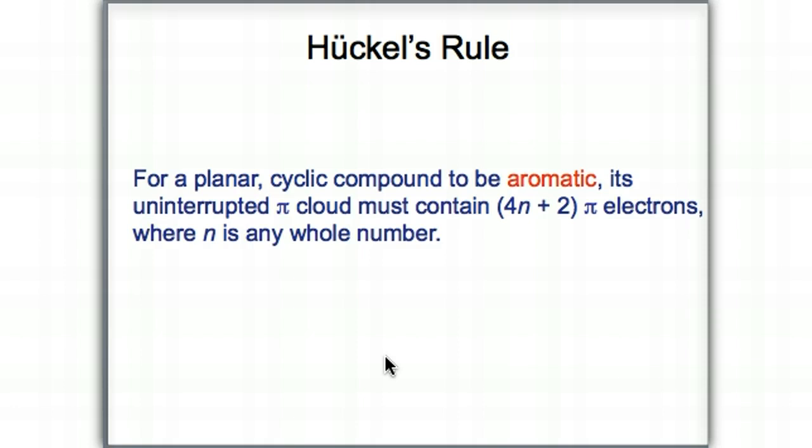In other words, 4 times 2 plus 2 is 10, which would be 5 pairs of electrons. If n is 3, the number of electrons is 14. There would be 7 electron pairs. If n were 4, the number of electrons would be 18, and the electron pairs would be 9, and so forth. So how many pairs of pi electrons does Huckel's rule require? It requires 1, 3, 5, 7, 9 pairs of pi electrons. Let's go to the next slide.